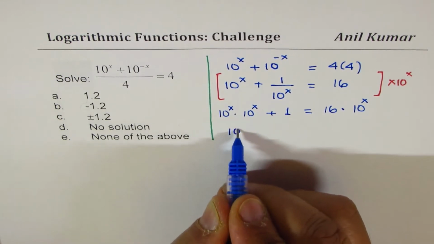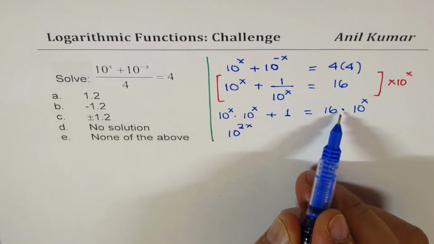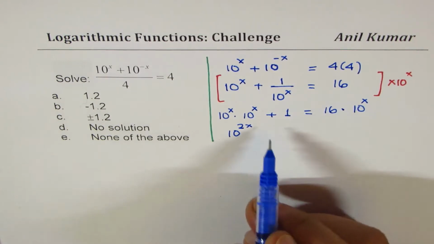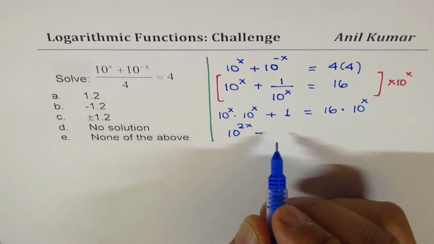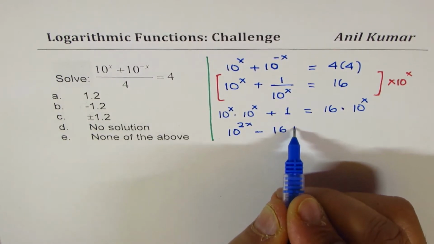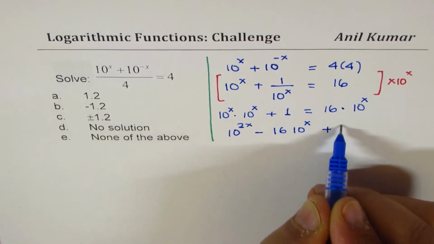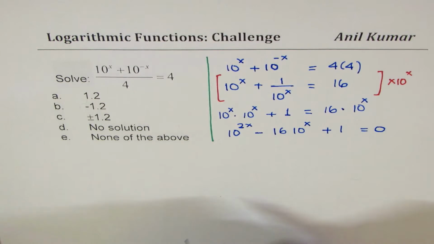So we get 10 to the power of 2x here. Bringing 16 times 10 to the power of x to the left side, we write minus 16 times 10 to the power of x, plus 1 equals 0.